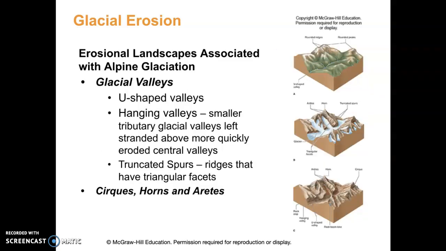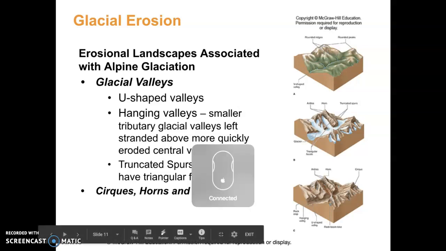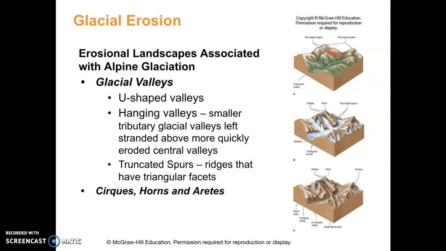Okay, so glaciers, when they weather and erode, will form these U-shaped valleys. So if you notice, what did I do with my mouse? Here we go. And let's get the cool little red thing going. But here we have a river forming a valley.